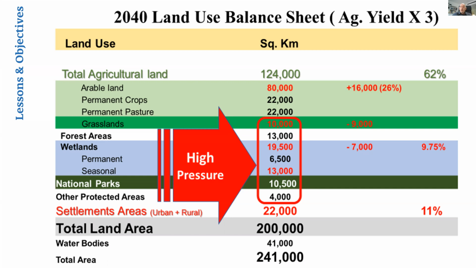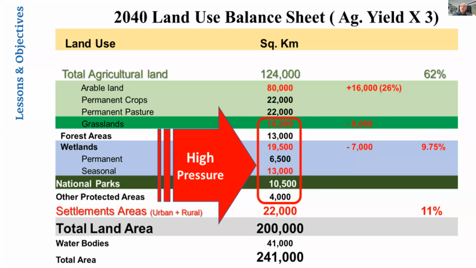There is no other way to balance the demand for land unless you take part from the grassland and part of the seasonal, maybe even some permanent wetlands in the country.